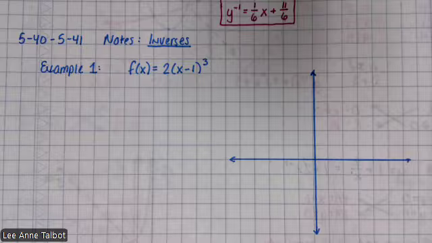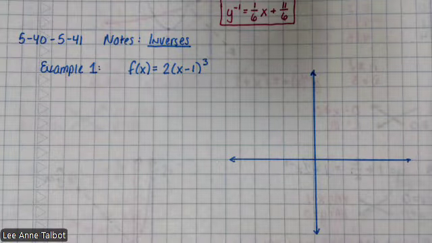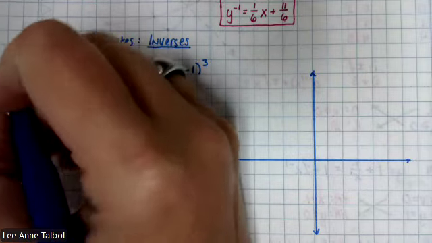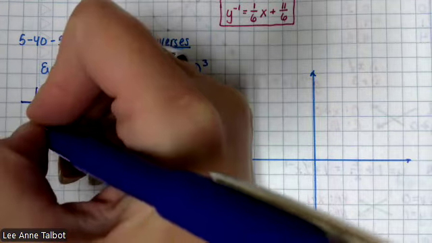Write the inverse function, domain and range, just the usual. Okay, what shape is this guy here? Cubic. Okay, and so his inverse should be a cube root, right?